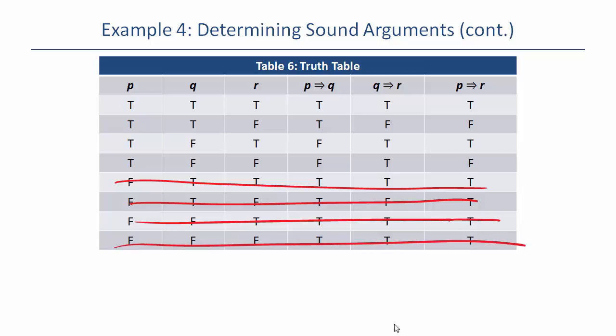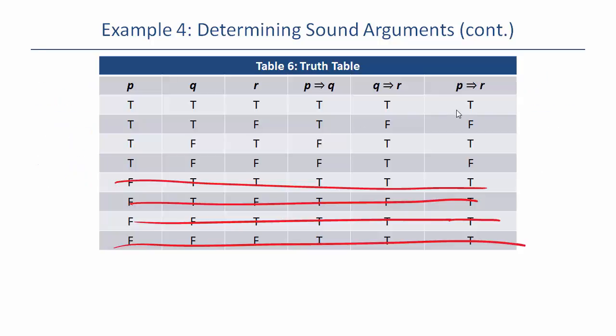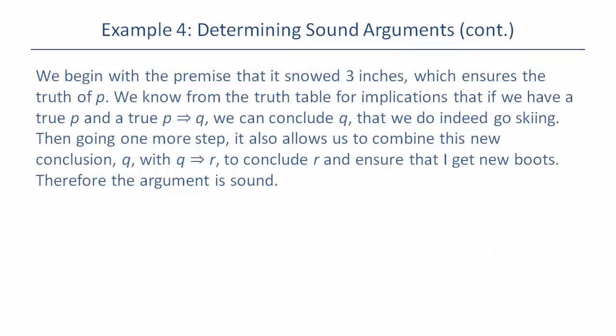Now we know from the truth table for implications that if we have a true P and a true P implies Q, we can conclude Q. Whenever P implies Q is true and we have a true P, that only happens when we also have a true Q. That's something we've already seen.